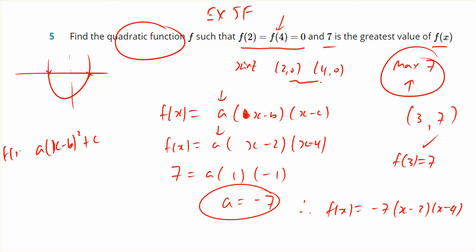So you can do it like that, because you know what the turning point is already. We know the turning point's at (3, 7), so y = a(x - 3)² + 7. I can sub in one of the values, (2, 0) or (4, 0), and work out what a is. So there's multiple ways of doing it. It's up to you how you choose to do it. Hopefully it helps.